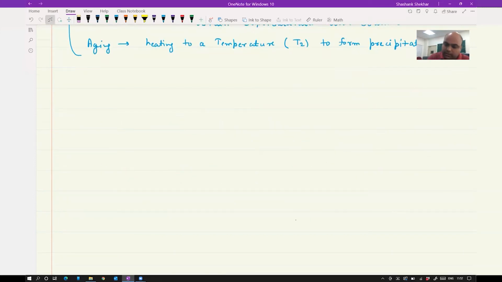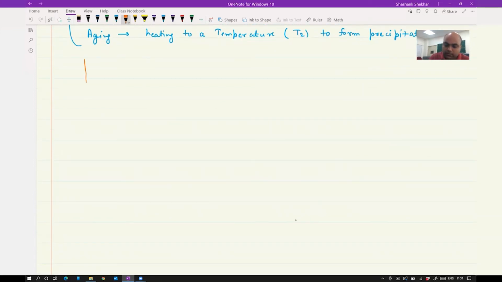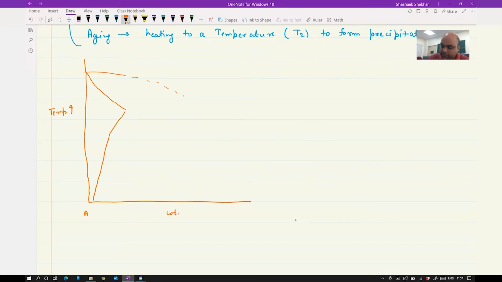Okay, so let me draw. Something like this, right? So you have temperature here, and then we were talking about A and B previously. So you have weight percent of B here, and somewhere here you have beta, right?